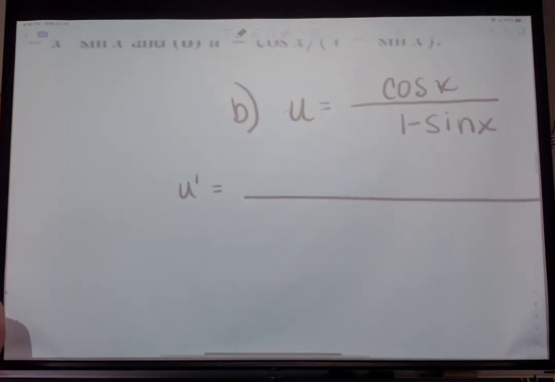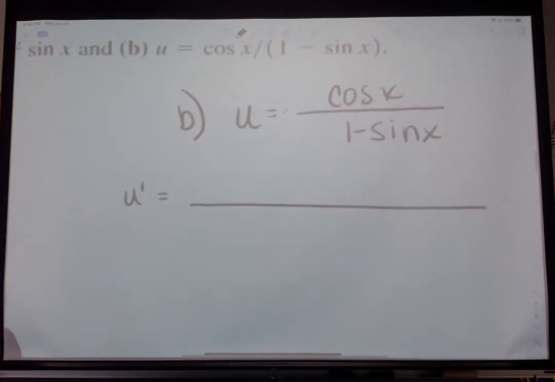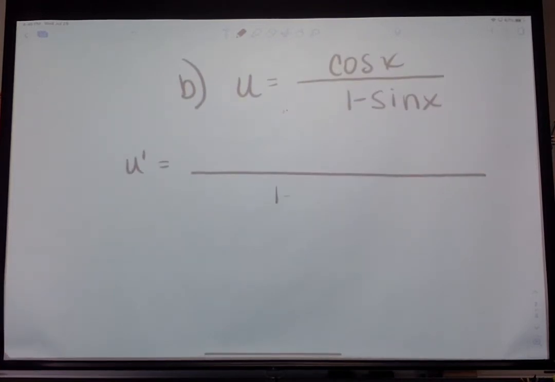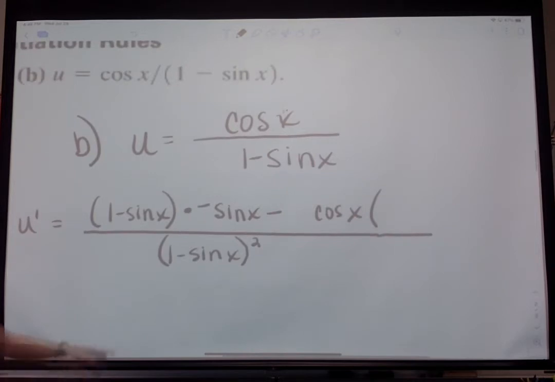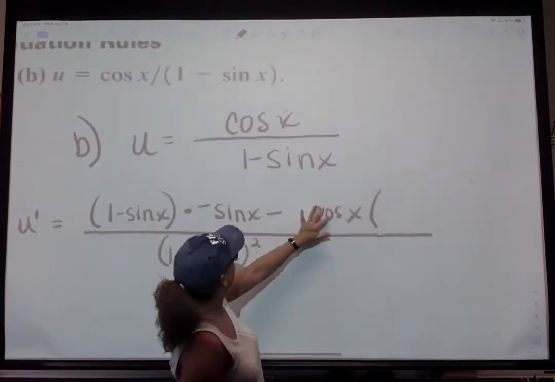Here I go. I'm going to start with the denominator. So I'm going to go low, low, D high, minus high D low, and I do the derivative of the low, minus high D low.